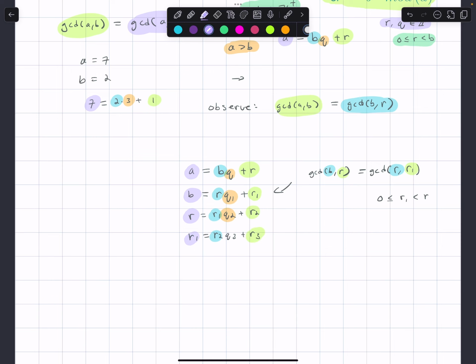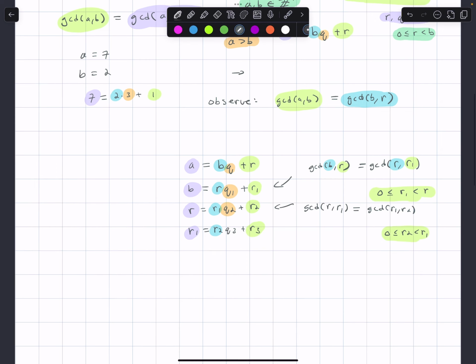At this stage, we get the GCD of R and R1 is equal to the GCD of R1 and R2, and 0 is less than or equal to R2, which is less than R1. So the remainders we're working with are getting smaller and smaller. They're strictly smaller, and they're always bigger than or equal to 0.